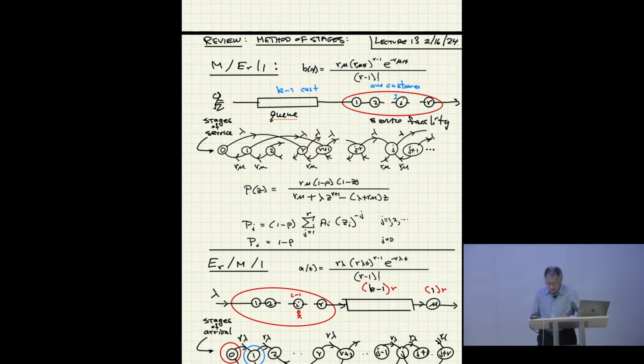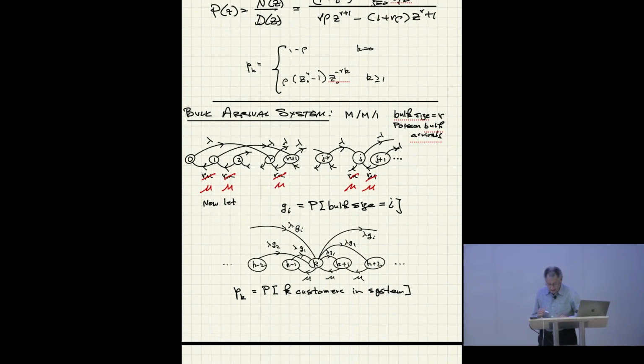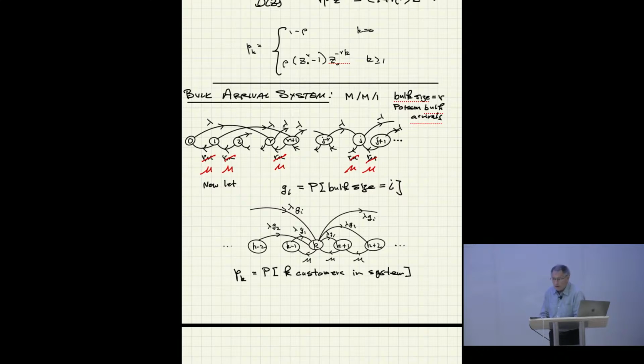And the answer is, the physics is hard to understand, but if you look at the state diagram for this and the state diagram for the bulk arrivals, just changing R mu to mu gives exactly the same picture. Again, an arrival brings in R. At each stage, you're dropping down by 1 at a rate mu instead of R mu.